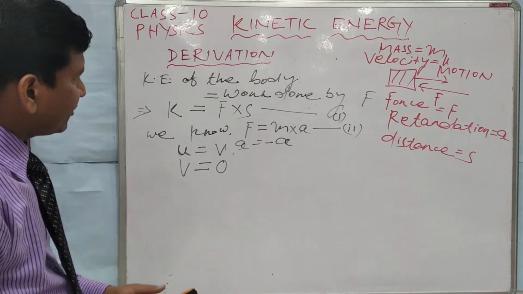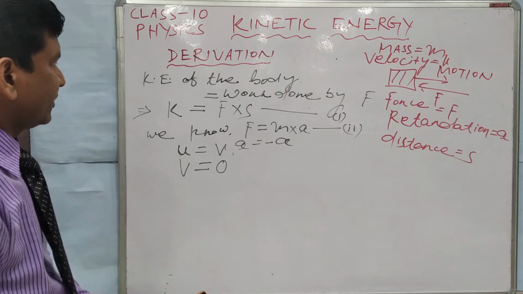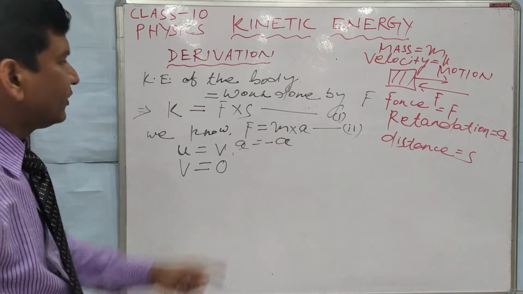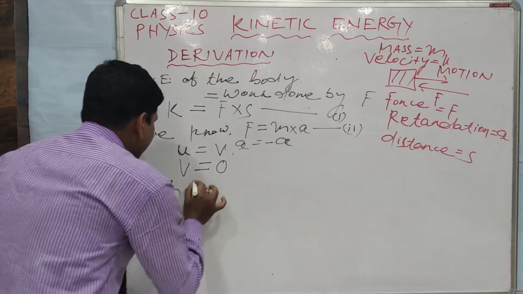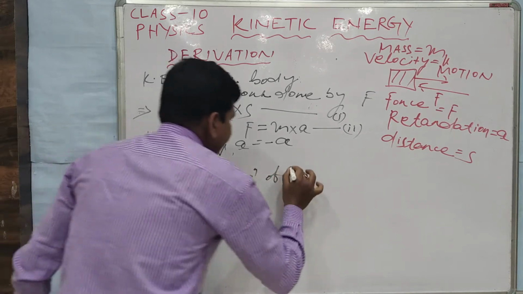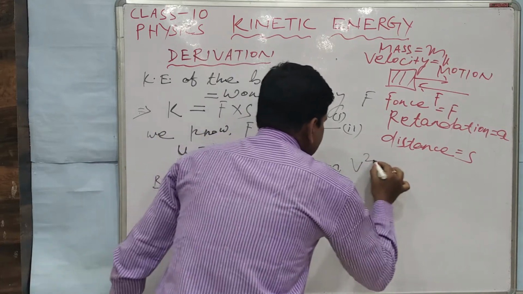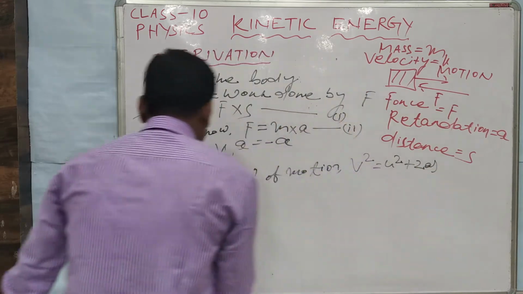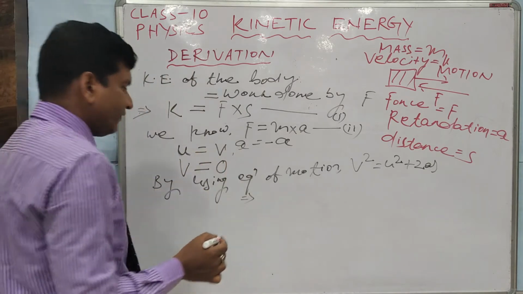So from which equation of motion can we find the value of S? Obviously from the third equation of motion, that is v square is equal to u square plus 2as, we can find the value of S. So by using the equation of motion, v square is equal to u square plus 2as. That implies v is given over there as 0, that is the final velocity.